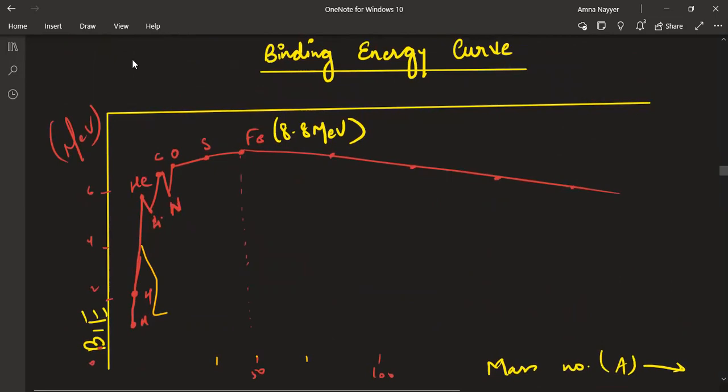Plus, see, one binding energy curve is also there, but it's not properly made on the screen over here.